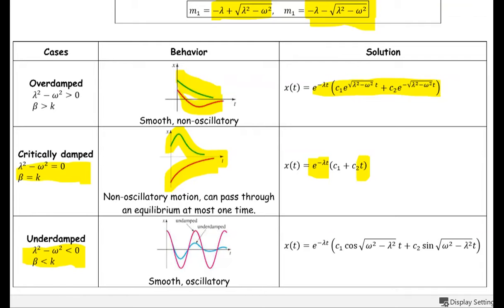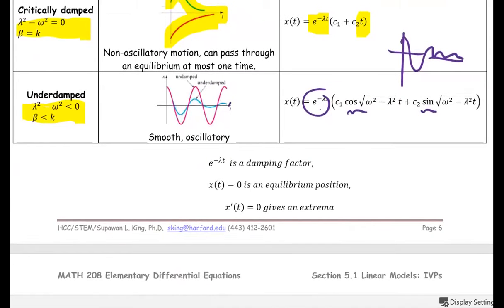That means the motion is going to be oscillating, and then finally it damps down to the equilibrium position. It oscillates real fast and then goes to zero. The exponential term here is the damping factor, not the force, that is going to affect the majority of the graph, so it is going to force it to go down to equilibrium very quickly.